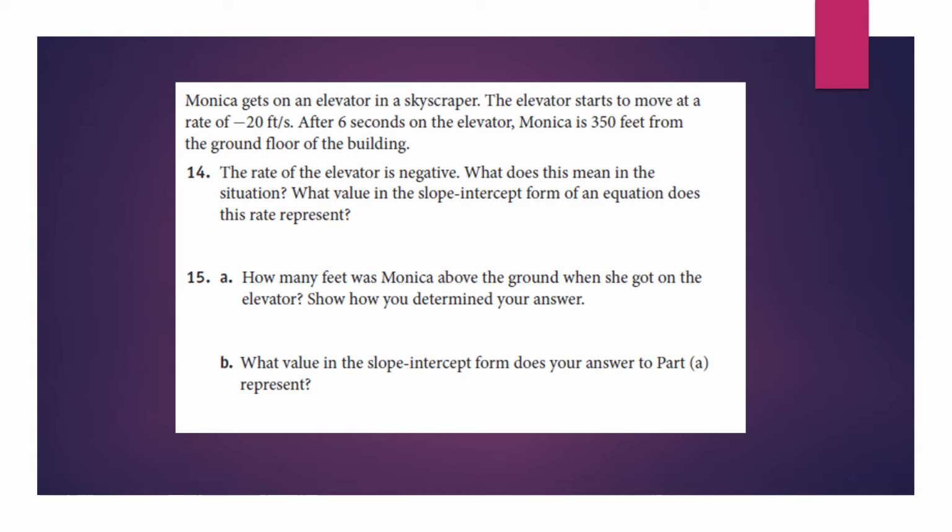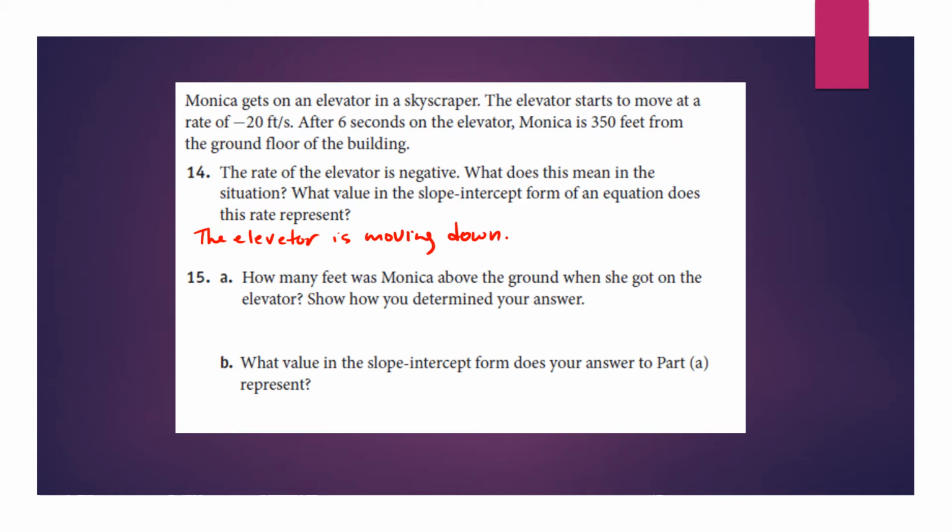So let's just analyze this here. It says that the rate of the elevator is negative. What does that mean in the situation? Let's answer that part first. It means that the elevator, since it's a negative, is moving down.